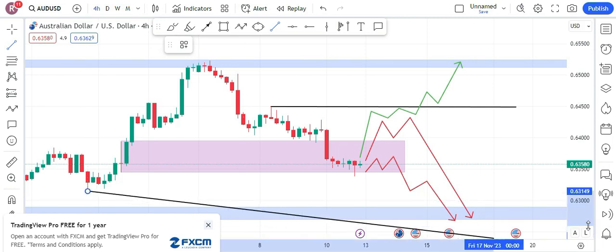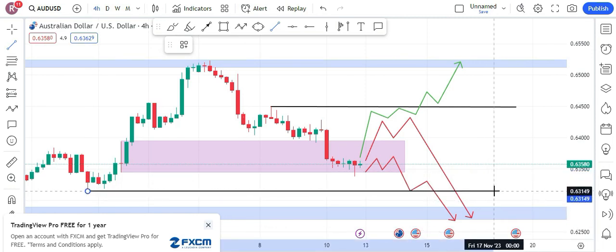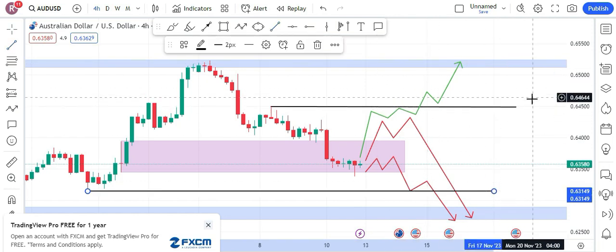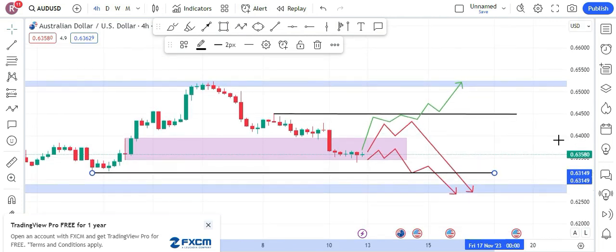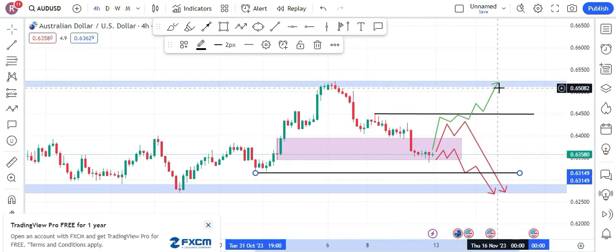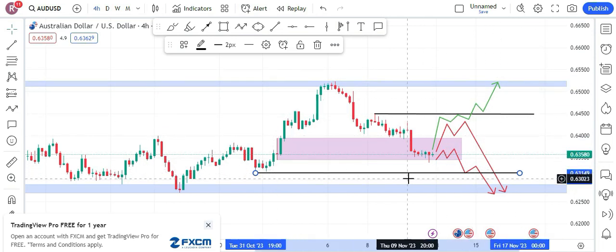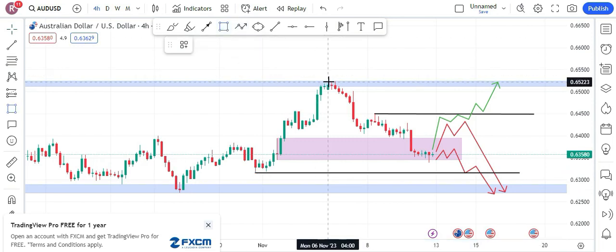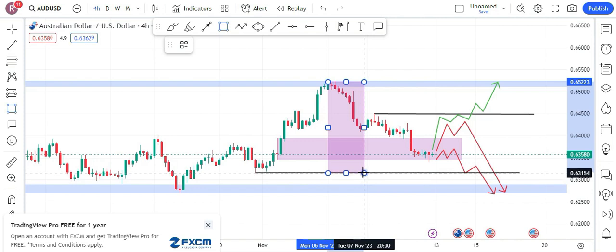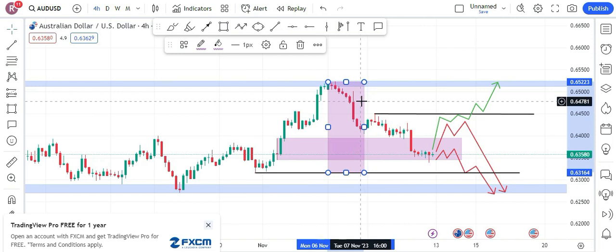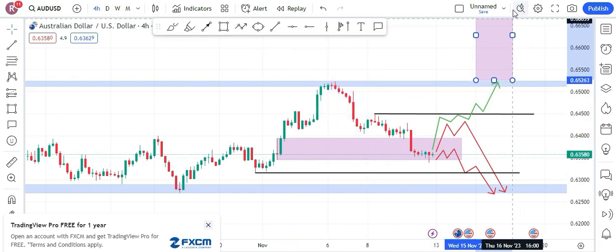If it breaks this area, then it will go down and get bearish undoubtedly, and if it breaks this area, it will start getting bullish, and maybe after the price reaches here, we will consider what to do or not. And if any of these lines is broken, in my opinion, we may have a better opportunity on the bullish or bearish side, to the extent that it will go this much.